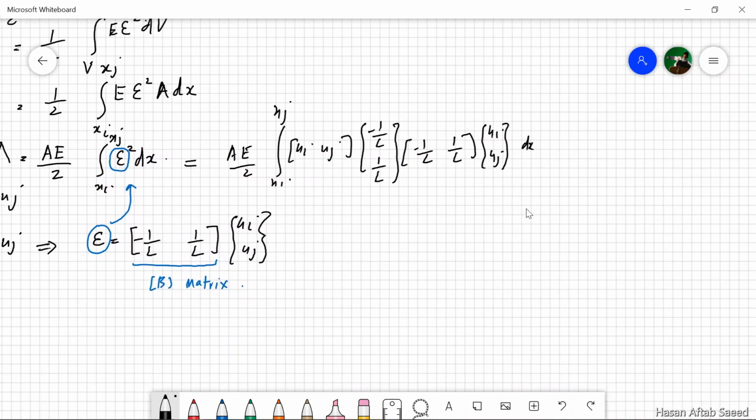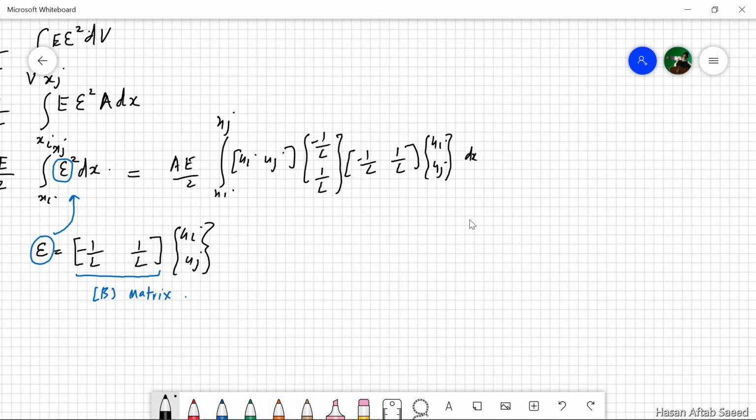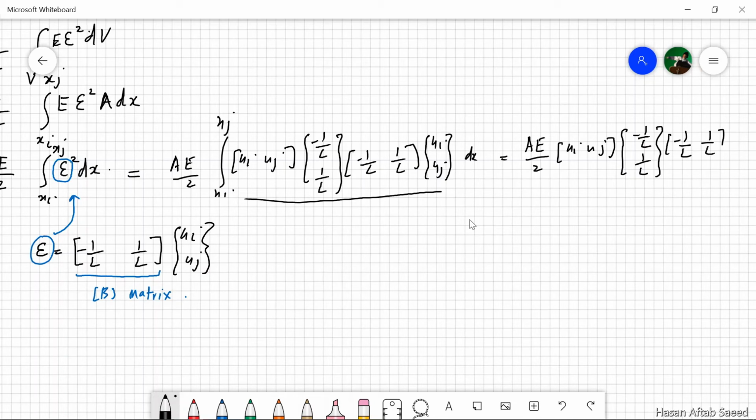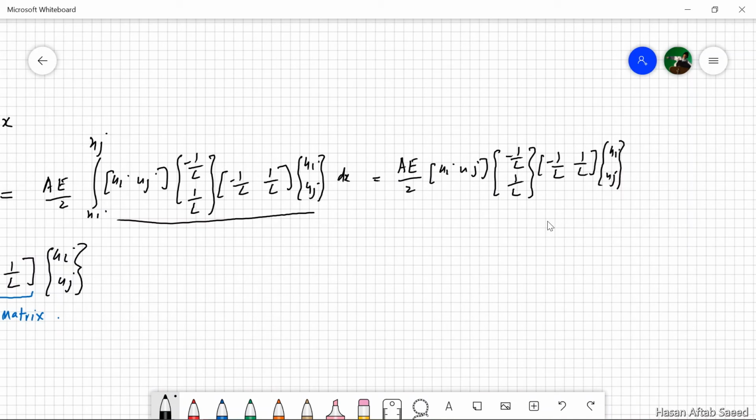Now this becomes all these U's, 1 over L, all these quantities, they are basically constants. So we can take these out and write it like this, all these go outside, and we are left with this integral.